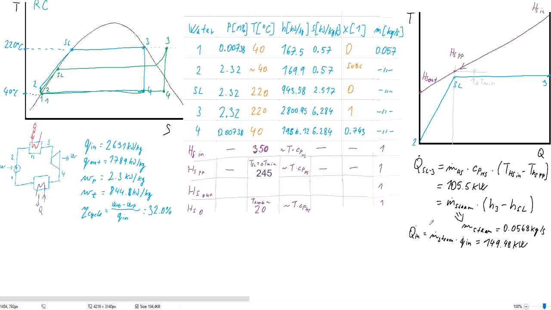And from this, because the heat input into the cycle also has to be the heat which is transferred from the heat source, it's also the mass flow rate of the heat source multiplied by the enthalpy difference, enthalpy heat source in minus enthalpy heat source out.